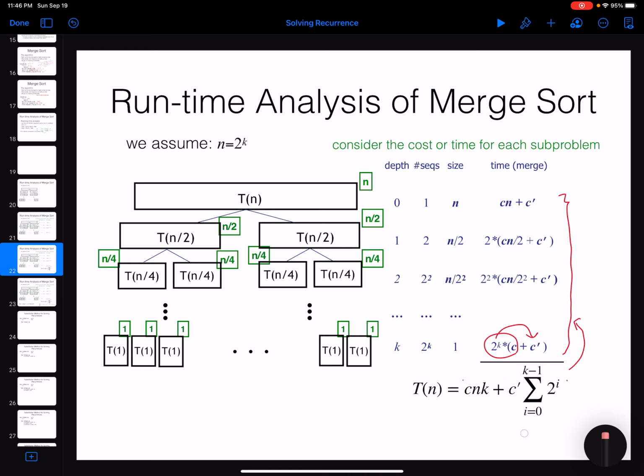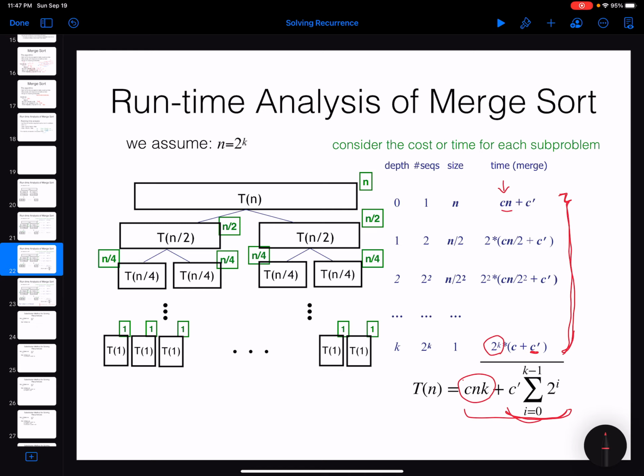You can just pause the video here and play with this formula. Add up all of these terms that we have here and see that this is going to be exactly this summation. This sigma part comes from multiplying this term into C prime, and this part of it is the summation of all of these terms.